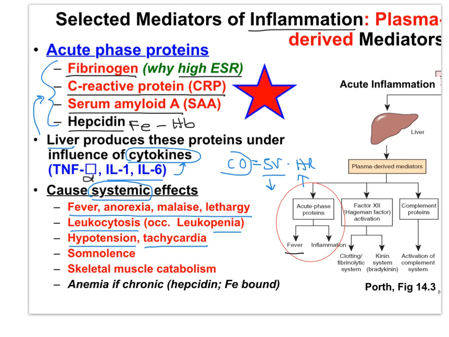So the goal is to keep cardiac output relatively constant, and the trick is tachycardia, or increased heart rate. So we'll talk more about those. If this is chronic inflammation, then we're likely to see anemia. That ties back to that hepcidin molecule that we talked about a few minutes ago. Hepcidin is binding up the iron, making it unavailable for making hemoglobin, and that results in anemia.